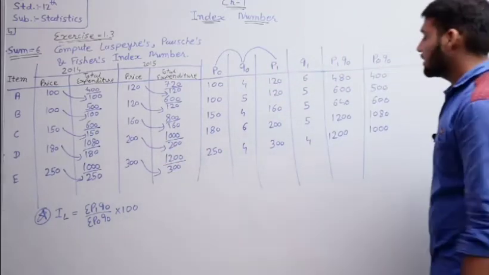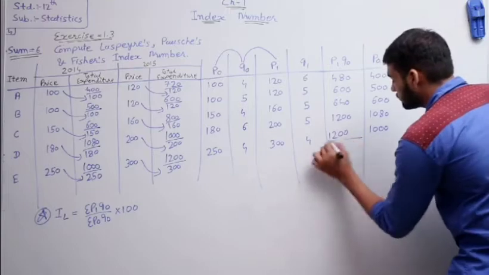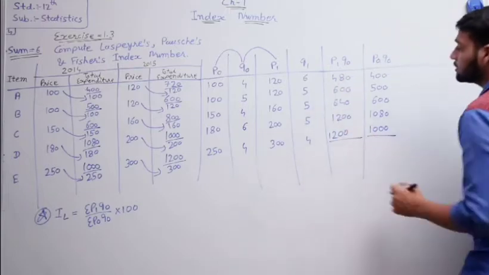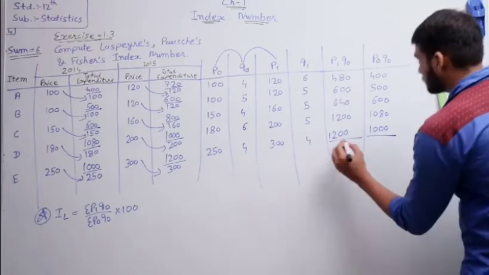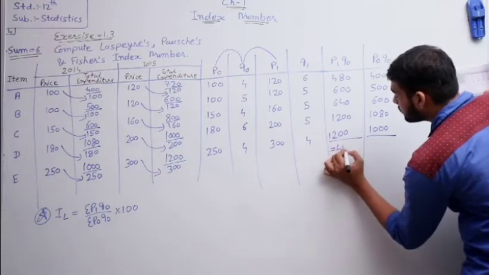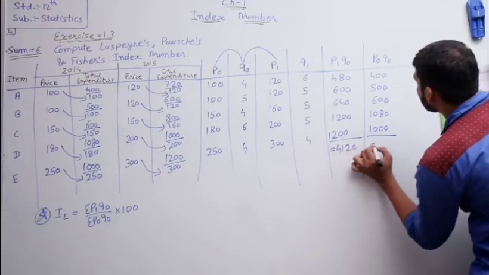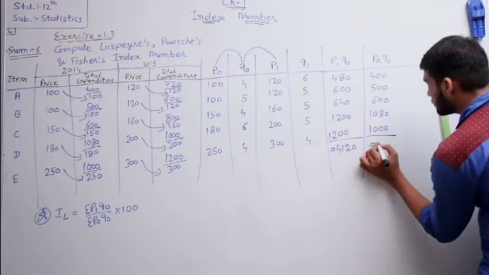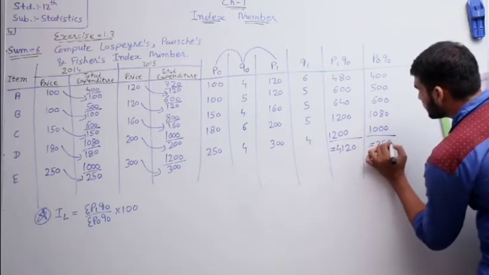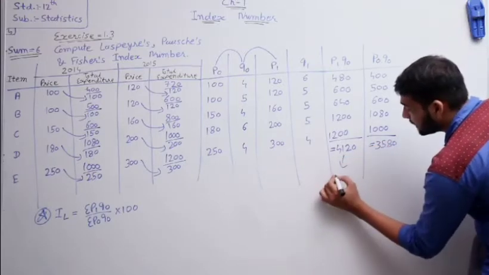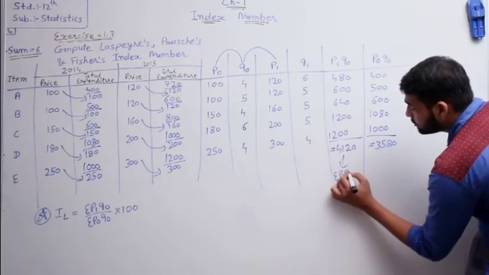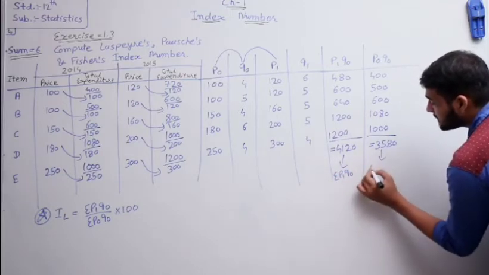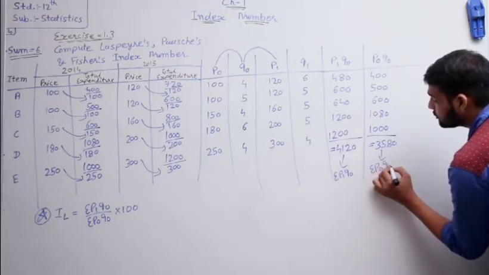Now we take the total of these columns. The total of this column is 4120 and the total of this column is 3580. They are denoted by sigma P1 Q0 and sigma P0 Q0.